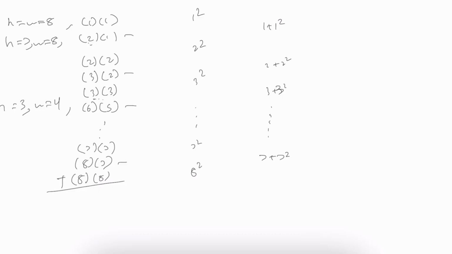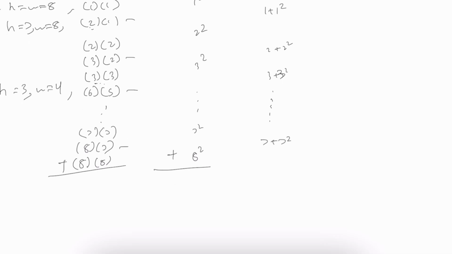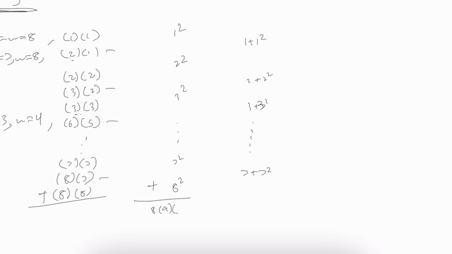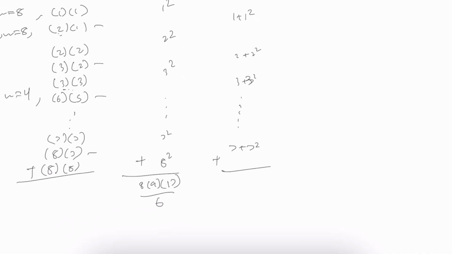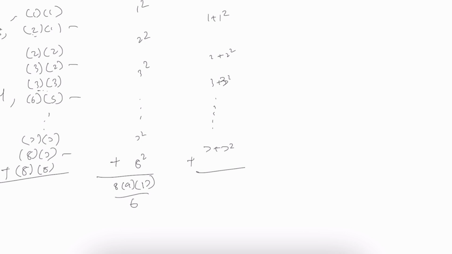And so summing in this way, this sum of squares is 8 times 9 times 17 over 6, using the sum of squares formula. And similarly over here, we have the sum from 1 to 7, which is just 7 times 8 over 2.